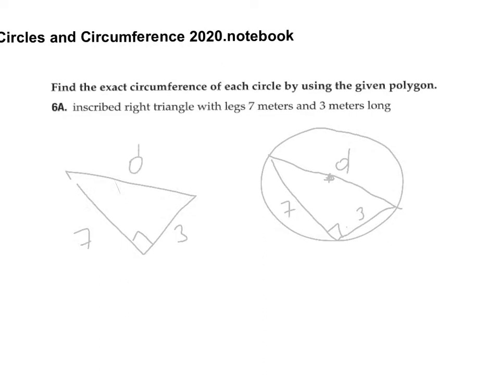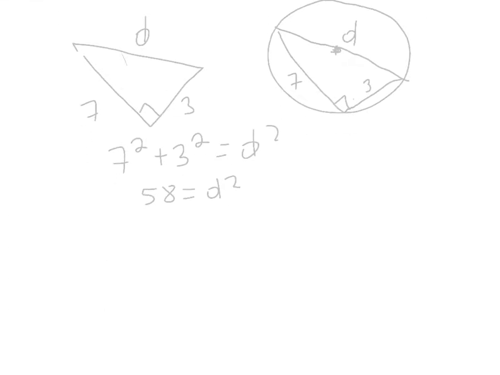So using Pythagorean theorem, 7 squared plus 3 squared is equal to d squared. 7 times 7 is 49, 3 times 3 is 9, 58. So 58 is equal to d squared. So therefore d would be equal to the square root of 58.